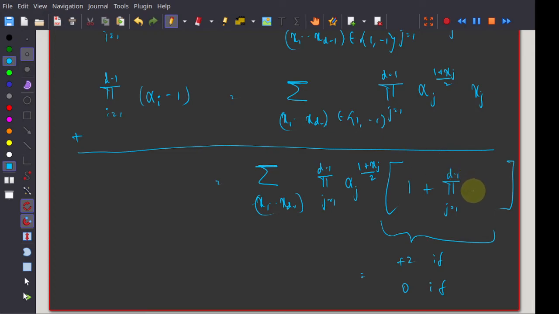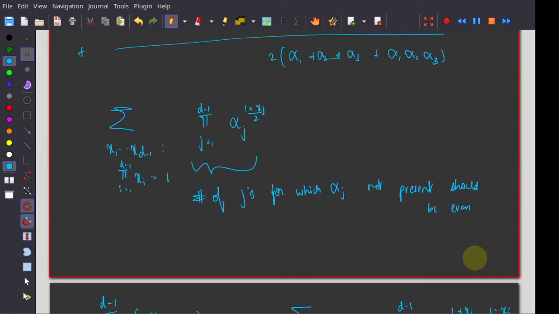So this is 1 plus the product over j equal to k minus 1 of xj, right? So it's equal to +2 if the product over j equal to 1 to d minus 1 of xj equals +1, and equal to 0 if the product of xj equals -1, correct?